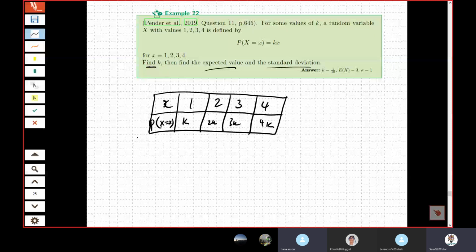I got 3 for the expected value. Perfect. And then for the standard deviation, I think I messed up. I'm going to try it again right now. All right. So 2 over 10, 3 over 10, 4 over 10, and then you're just going to do 1 squared times 1 over 10, 2 squared times 2 over 10.